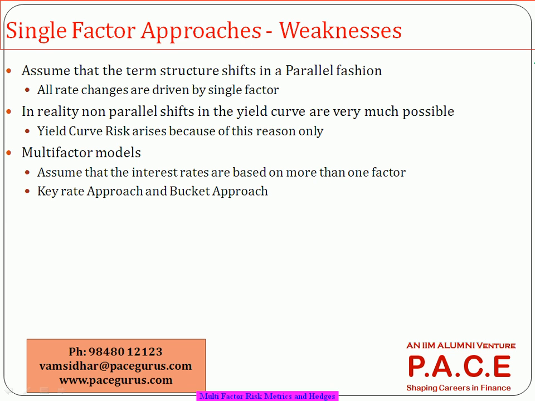And that is where we are talking about multiple changes in the interest rate for multiple maturity periods. That is where we use mechanisms like the key rate based approach and the bucket based approach. We'll see those two approaches.